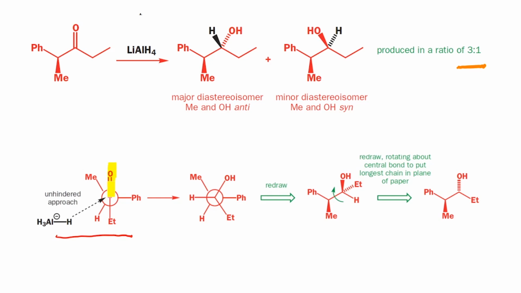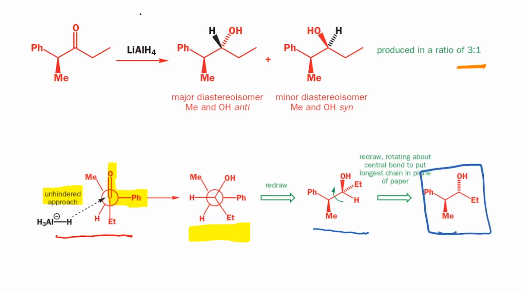The large group is going to be perpendicular to the carbonyl, and when you draw out this kind of conformation, you will find that there are two conformations and four possible modes of attack. Among these, the unhindered approach, which is shown here, is the most favored, and that's going to give you the corresponding product. We also looked at how to draw this product, and this allows us to redraw it and you get this final product.